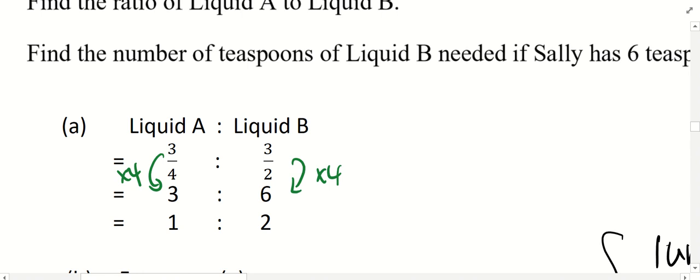I simplify the ratio by multiplying by 4. Remember when you see a fraction, I want to multiply both sides by the lowest common multiple of 4 and 2 in this case, which is 4. Then I further simplify the ratio to 1 is to 2. And we're done for this part A.